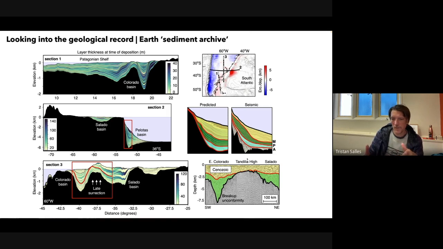By doing so, we get a late surrection of this region, which exposes some sediment at the top here that we can't really notice in the seismic. So what we think needs to be done in this case is go back to the paleogeography and fine-tune this orographic belt, to improve on what the model is able to predict.